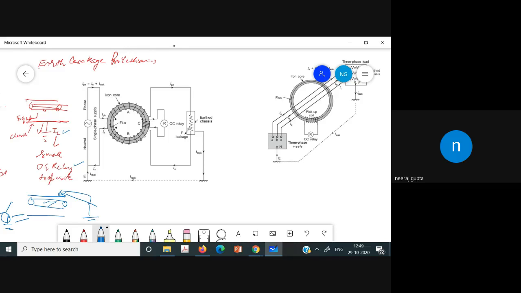Now, to prevent that, we have to use the earth leakage relay or the current balance relay.